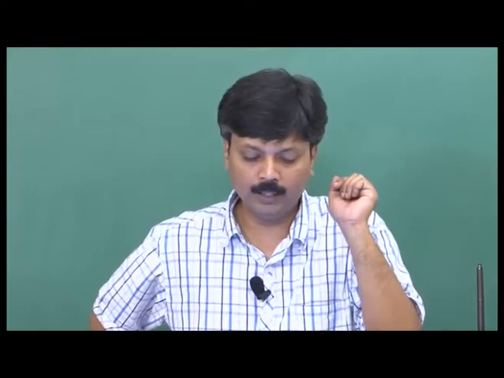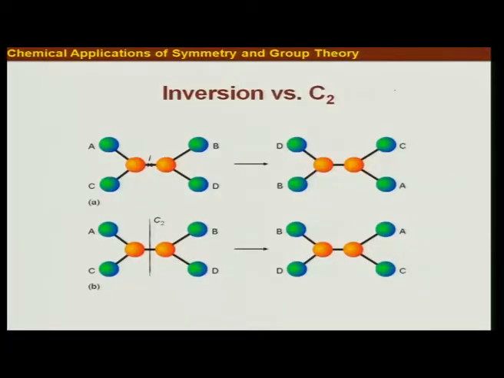So if you look at the screen, you can see that all these hydrogen atoms of ethylene are marked by A, B and C and D, and then we can perform these symmetry operations I or the C2 on these 2 structures. So here clearly I, that is inversion operation, will invert the structure.